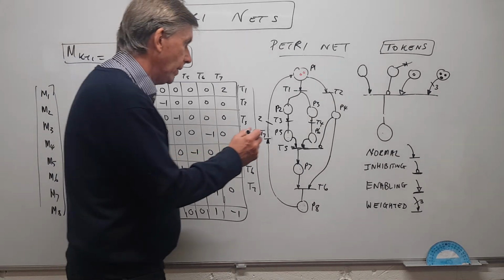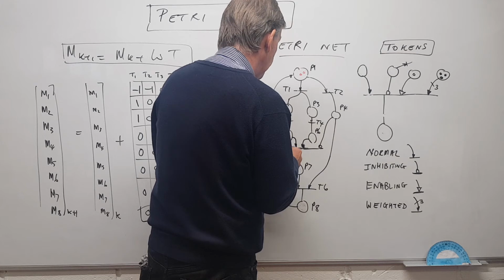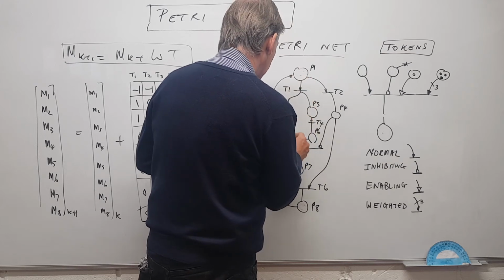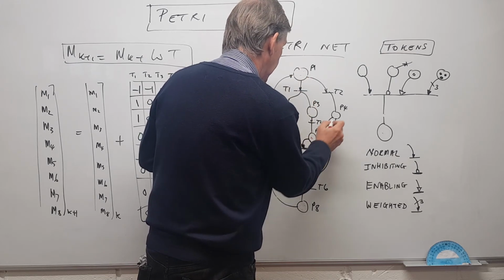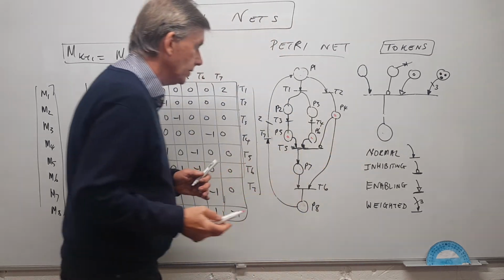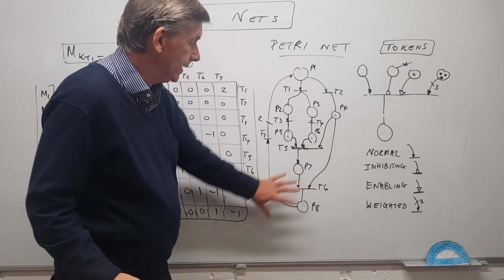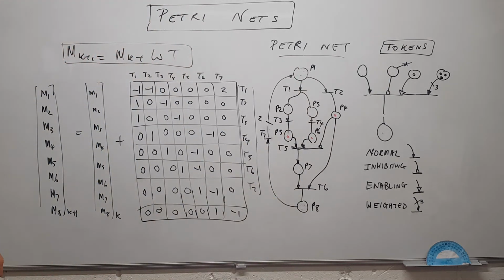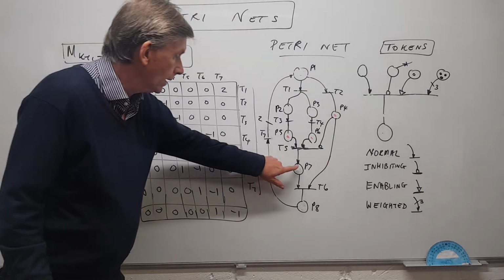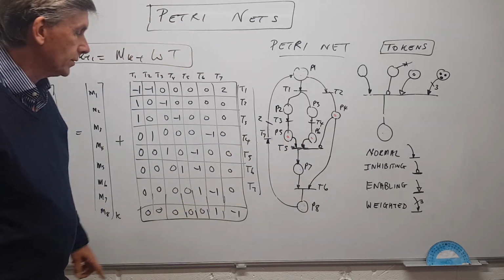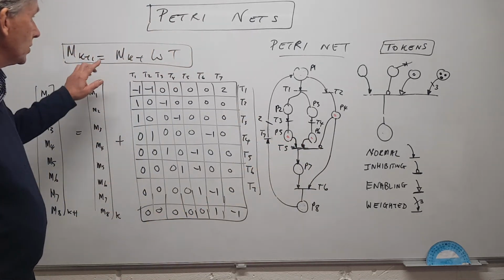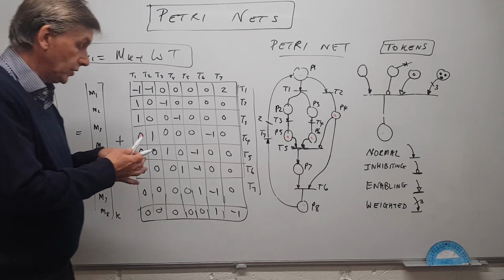A bad marking, remember, is where we have a token, say, there, there and there. This would be a dangerous situation for us, because once we've got 2 tokens there and there, we can't proceed with the Petri net, because this one blocks it.